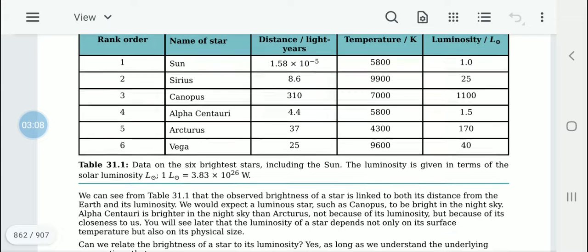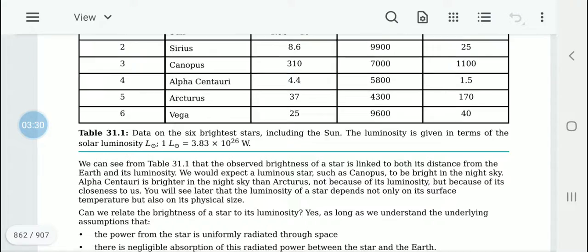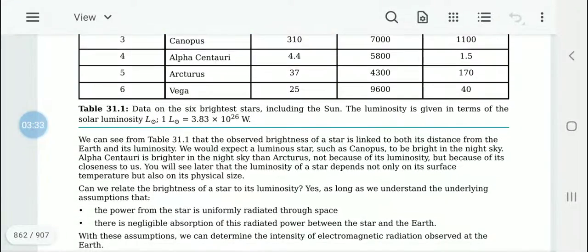So as a result, we can figure out that a star's brightness will depend not only on its distance but also on its luminosity. For example, Canopus should be really bright, but because it is 310 light years away, there is a reduction of that brightness in relation to other closer stars.